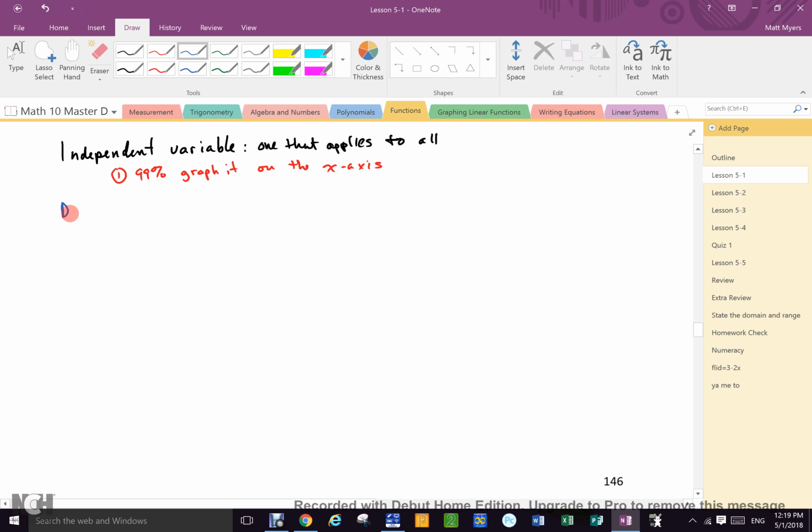The other one is the dependent variable. And the dependent variable changes when the IV changes. So think back to that job one. One variable was the hours. One variable was my pay. If the hours do not change, does my pay change?